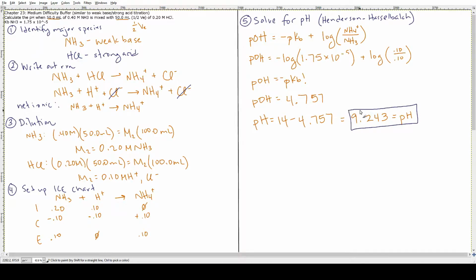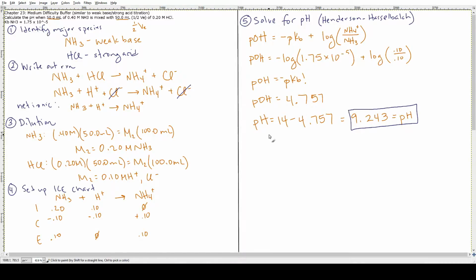So even though we added a strong acid to the situation, our ammonia, our weak base, acted as a buffer, and it prevented that pH from dropping too much, which is good. It did its job.